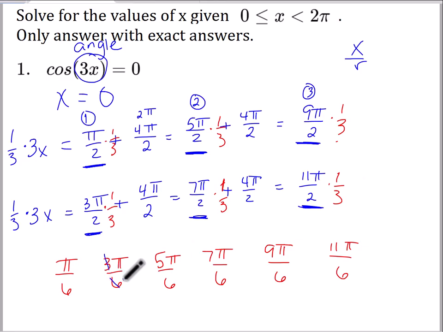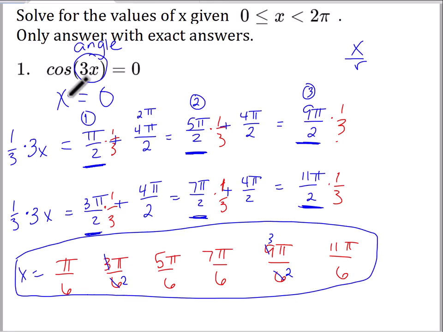It's really pi over 2. This one is really 3 pi over 2, and 11 pi over 6. So some of them can simplify, but they all started with the same denominator. So pi over 6, pi over 2, 5 pi over 6, 7 pi over 6, 3 pi over 2, and 11 pi over 6. All of these are possible x values that work for this equation.